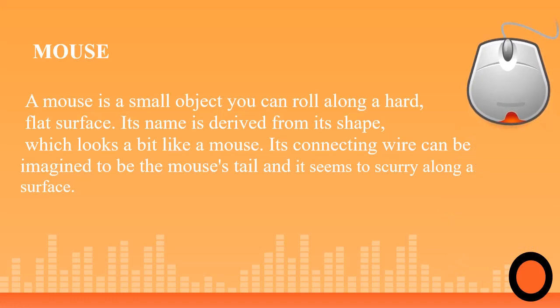Its name is derived from its shape, which looks a bit like a mouse. Its connecting wire one can imagine to be a mouse's tail, and the fact that one must make it scurry along a surface makes it quite like a mouse. So there you go. This is the mouse which we are going to talk about in today's lesson.